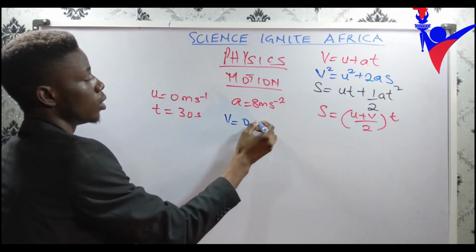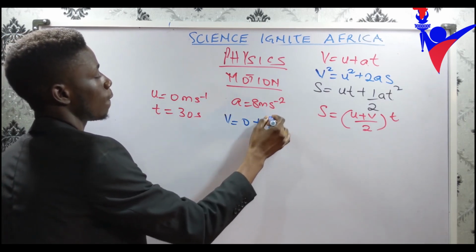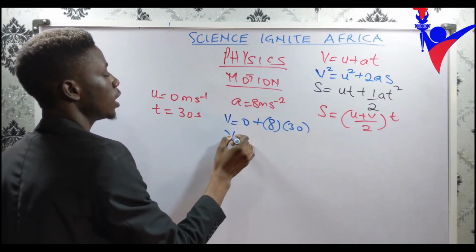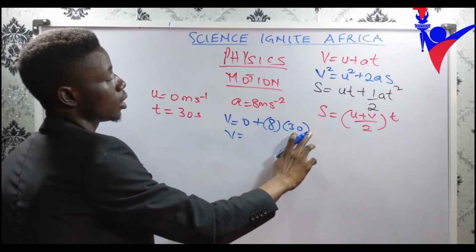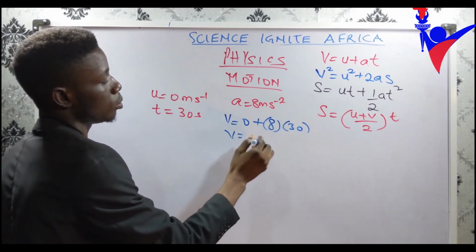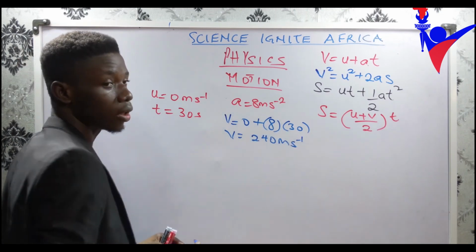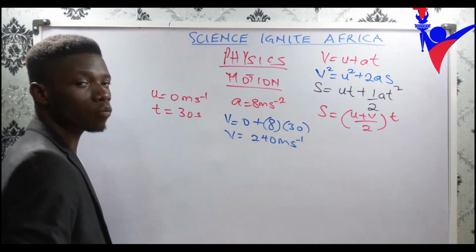My U is 0, then plus A is 8, then T is 30 seconds. So definitely my V, since this is 0, will automatically be 8 times 30, which is going to be 240 meters per second. So that's my final velocity for that stage.